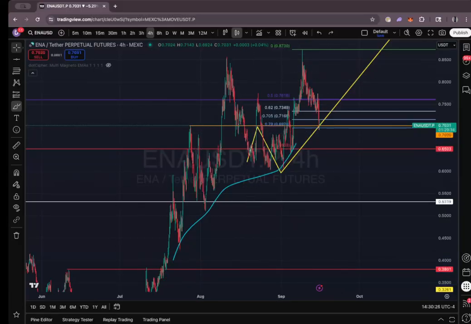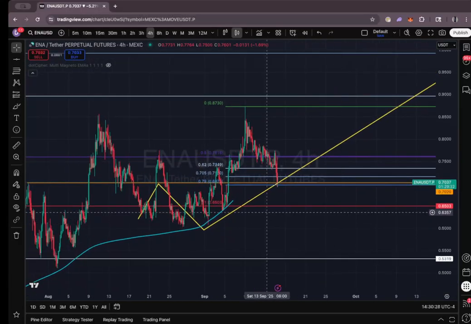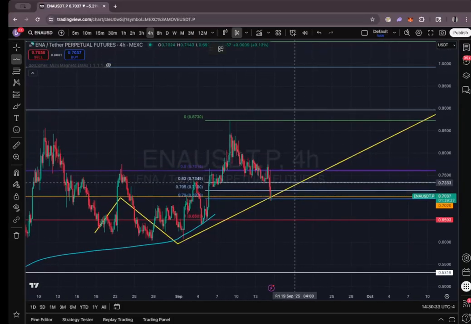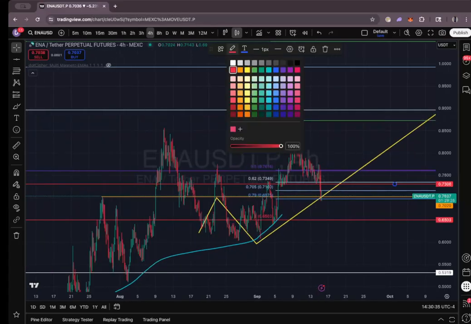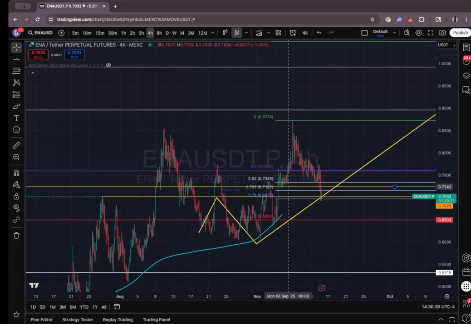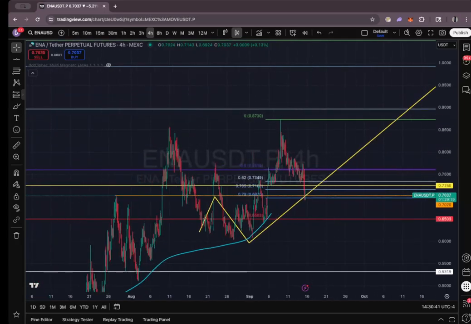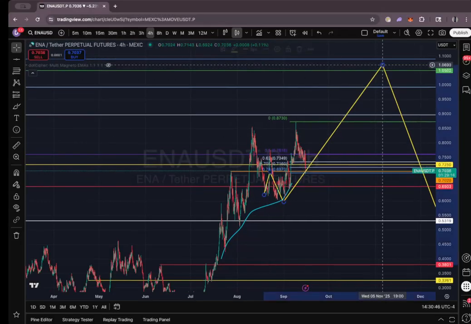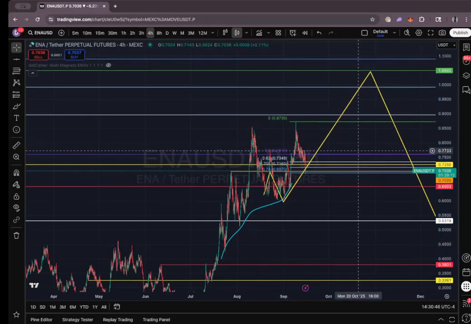So stopping out there would probably be a good idea. Beyond that, I am not convinced until we start to make closures back above 73. This is my previous range low, right above 73, 72. Yellow is more likely at this point.